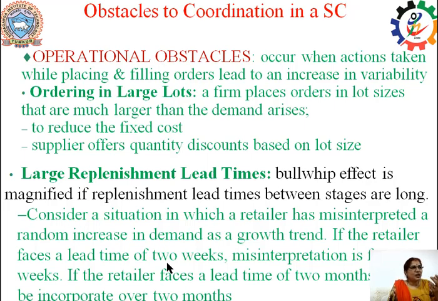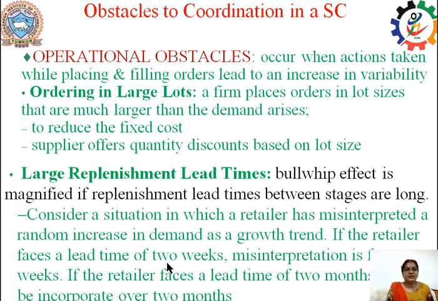So just to have less fixed cost associated with ordering, the retailer will try to increase the lot size. Secondly, there is every possibility that discounts are offered by the manufacturer. If he says the lot size is more, then I will give you the discount. So because of the attraction of the discount, there is every possibility that the retailer will order in large lots.